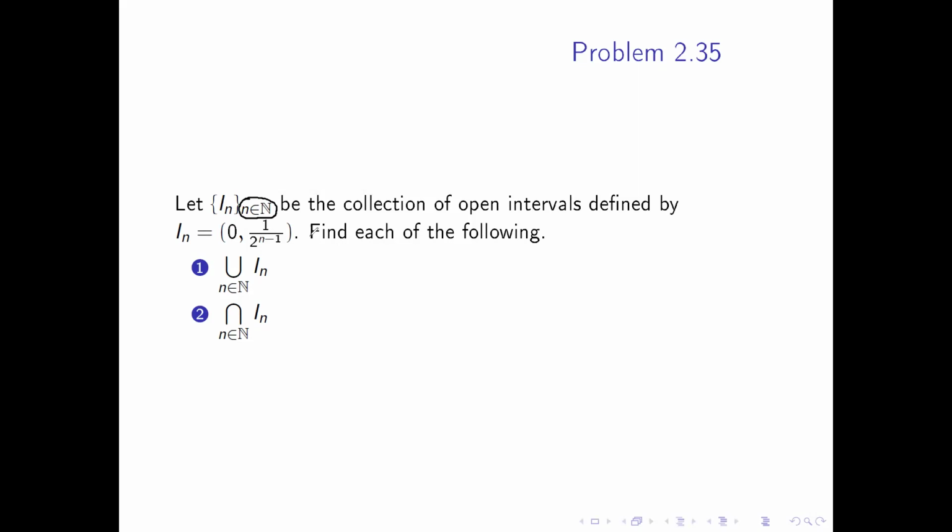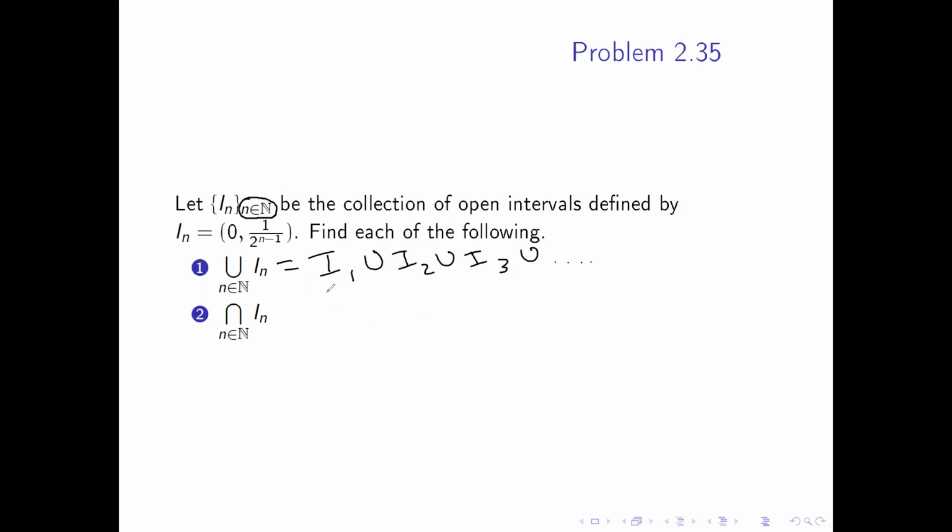Let's look at what this is so I can write it down. This is going to be I1 union I2 union I3 union, and so forth.